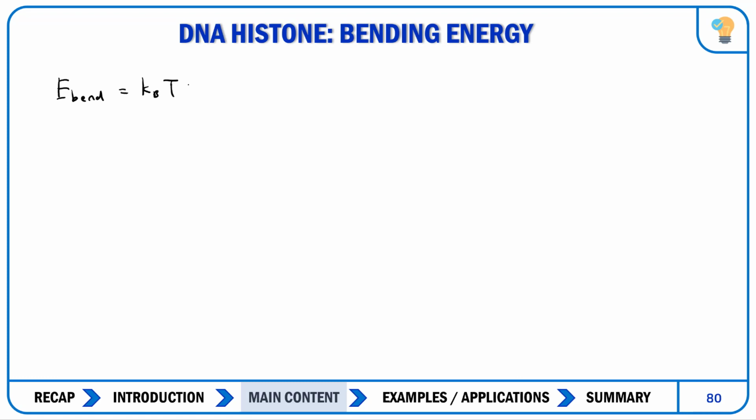We have E bend being equal to kBT times 1/2 LP for the persistence length, integral from 0 to the full length of 1 over r squared ds.